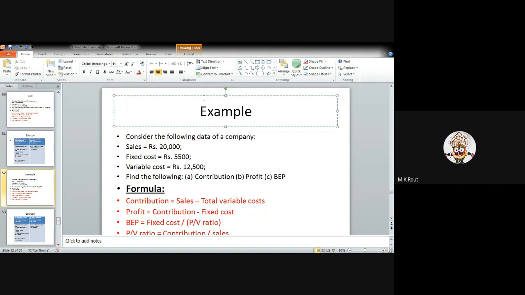Yes, Sambit Sansagar Mishra. Hello. Yes, sir. So what is the value for contribution? 7,500. Okay, 7,500.